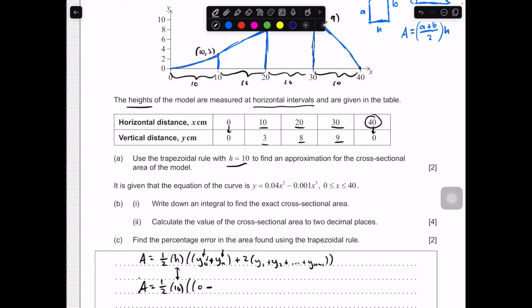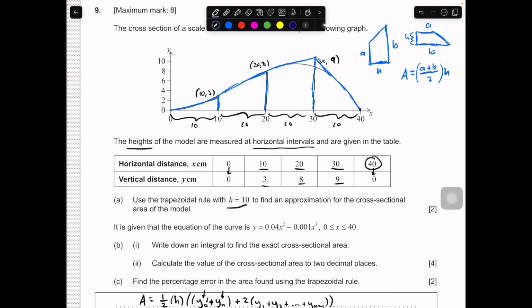40 is our endpoint, the nth point, plus 0, plus 2 times, and then these are all the intermediate heights. It's 2 times because it shares a value here and here. This one as well is going to be multiplied by 2 because it is a side length of a trapezoid that's shared twice.